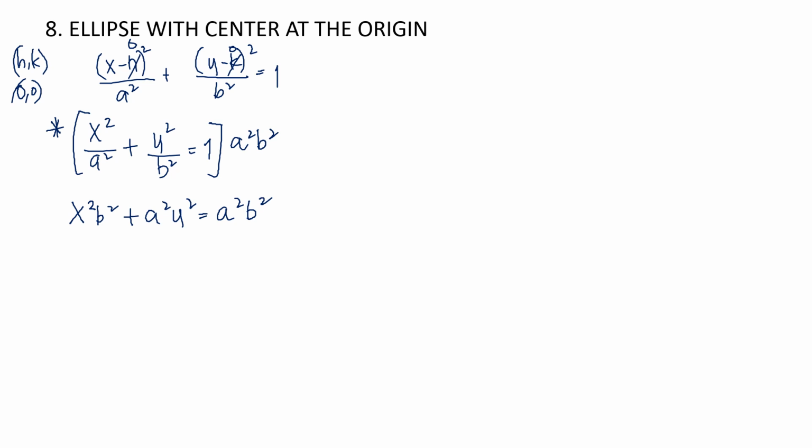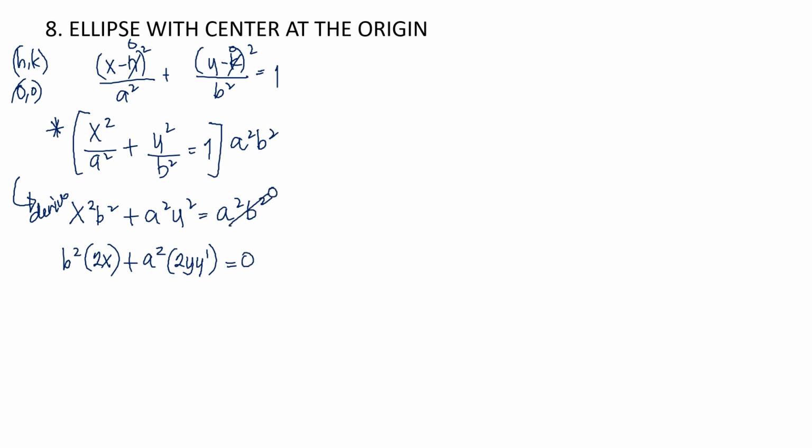Okay. So now we are ready to derive. So derive na natin yung ating equation. So b squared is constant. Therefore, this is b squared, and yung x squared, this is 2x. A squared is constant, and then therefore this is 2y prime. Then a squared and b squared are constant, so 0 siya.